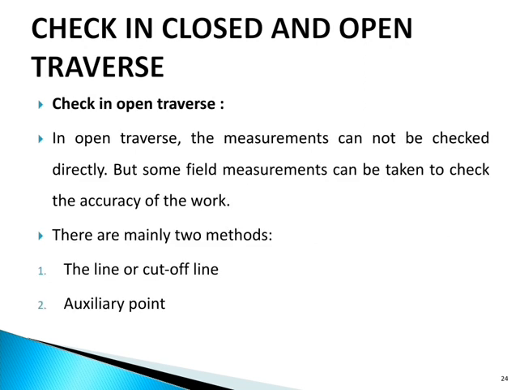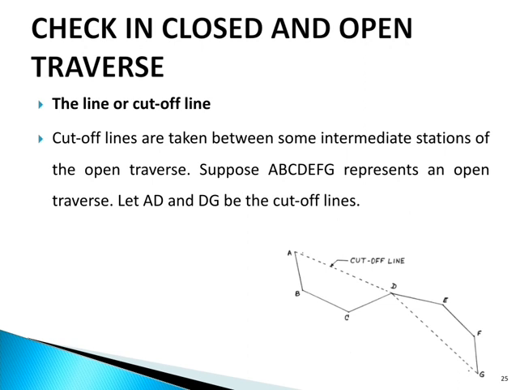So in an open traverse the measurement cannot be checked directly, but some field measurements can be taken to check the accuracy of the work. There are mainly two methods: the cutoff line, and second, the auxiliary point. So let us see the cutoff line. Cutoff lines are taken between some intermediate stations of the open traverse.